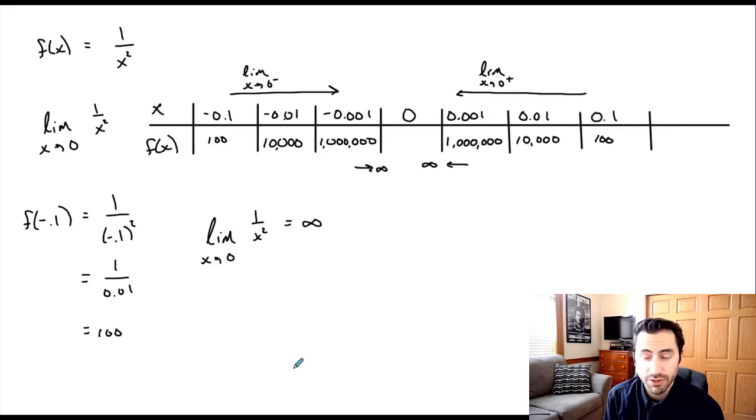But in this case, from both sides, we're approaching infinity. So in other words, it's unbounded. So I can still use this notation, but we need to know what this represents. Here, the limit as I approach 0 of my function is unbounded. It's increasing without bound. That's what this represents.